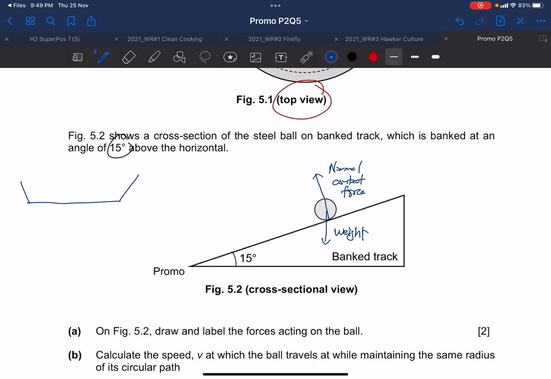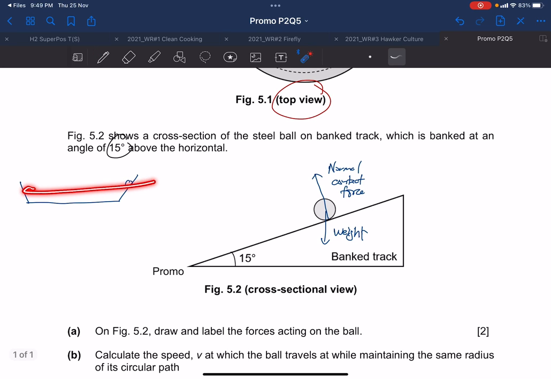The ball is here, traveling around this way. So your center line is over here, and the radius is this distance. This is the distance r that you have.